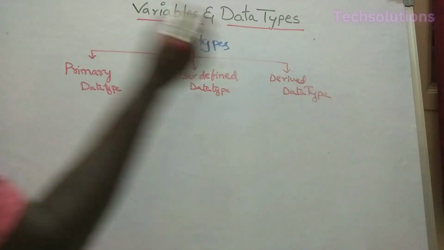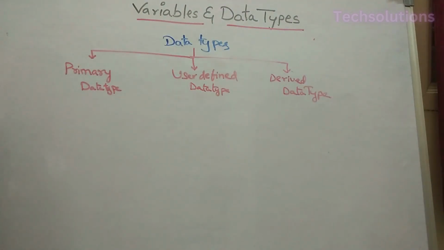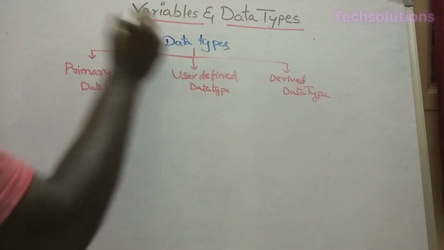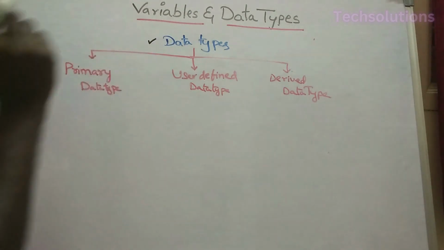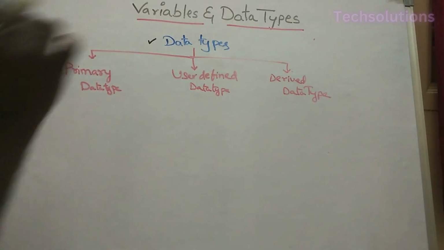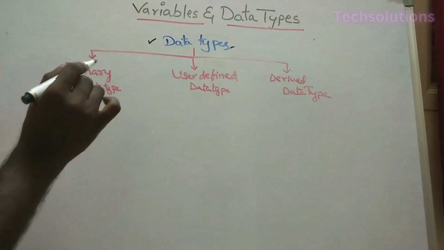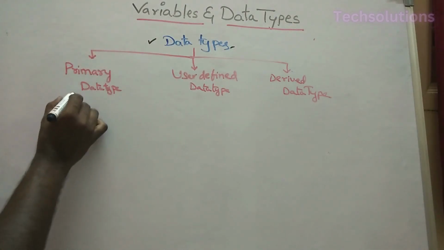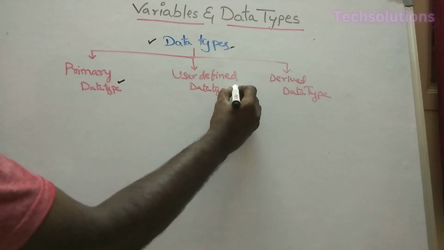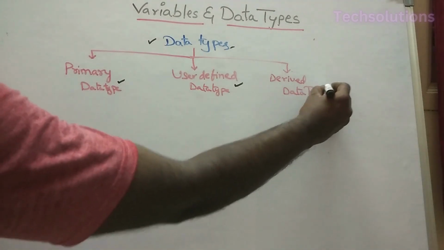We know that a data type represents what type of value we can store and how much space it requires. The three types are primary, user defined, and derived data types.